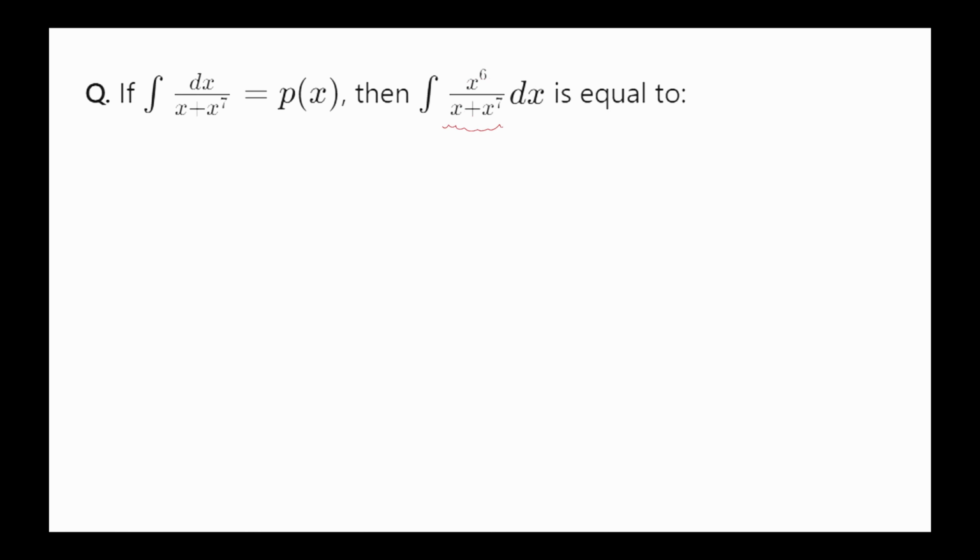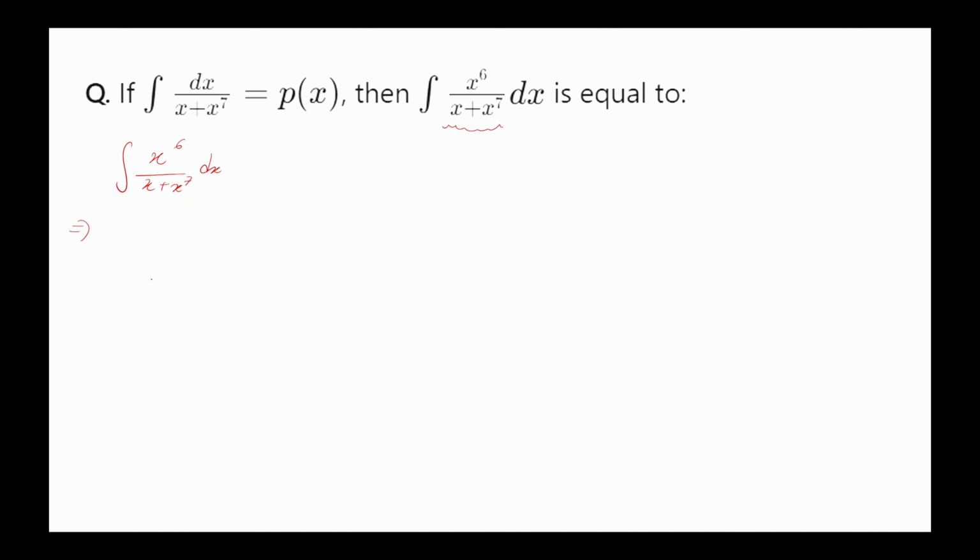Now in my numerator also I can try to create 1 plus x to the power 6 minus 1, so that I can have 1 by x plus x to the power 7, which I can write down as px, because that has been given to us in the question. So how can I solve this integration? This is my x to the power 6 upon x plus x to the power 7 dx.